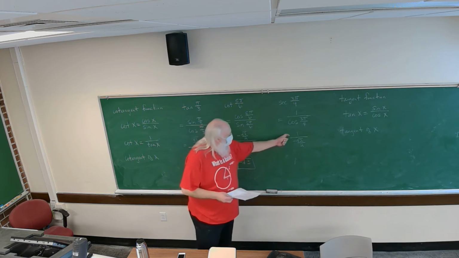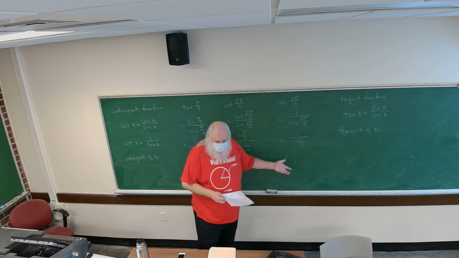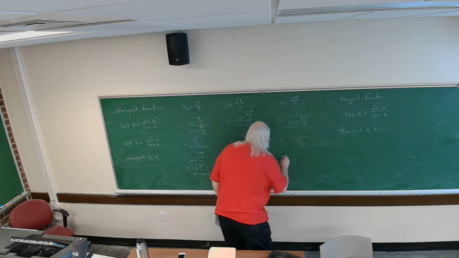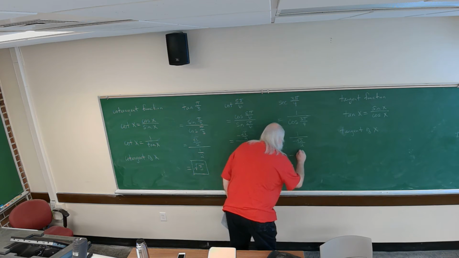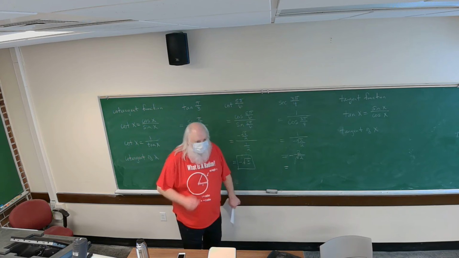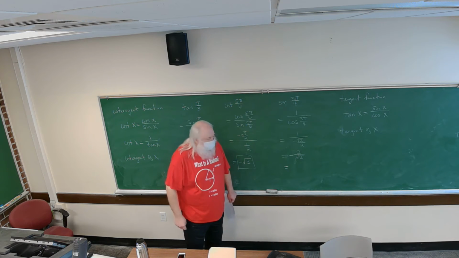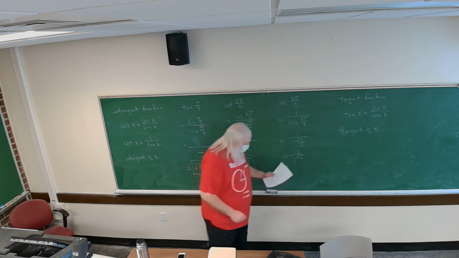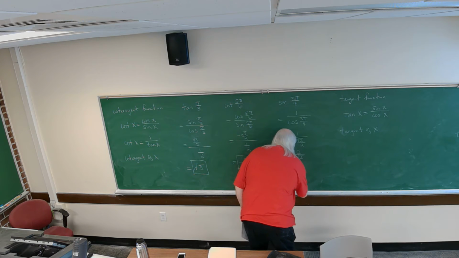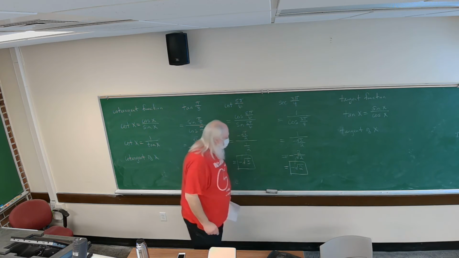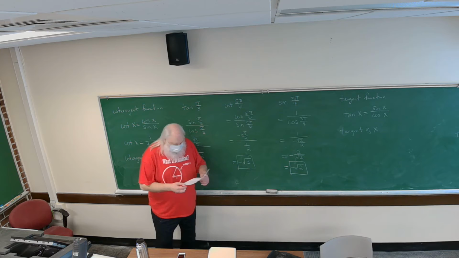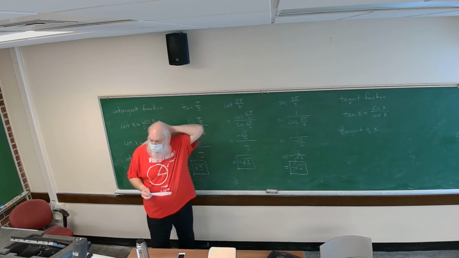And so 1 divided by a fraction is just a reciprocal of the fraction. So this is equal to minus 2 over the square root of 2. And when we rationalize the denominator, we just end up with minus square root of 2. Any questions?